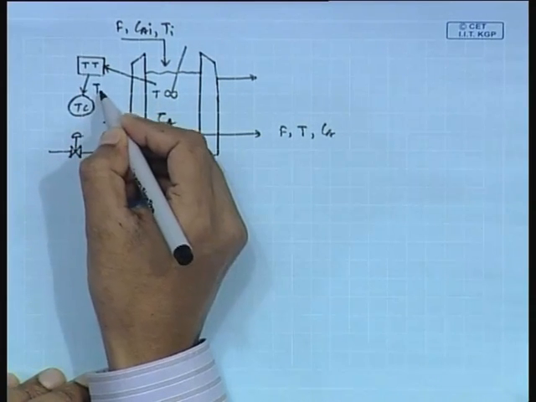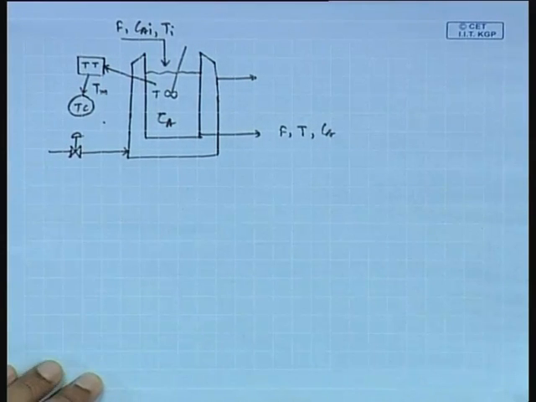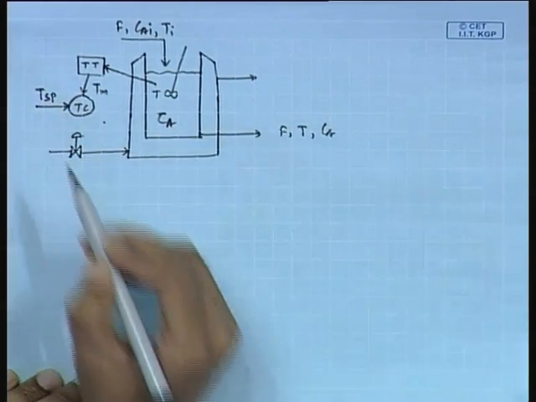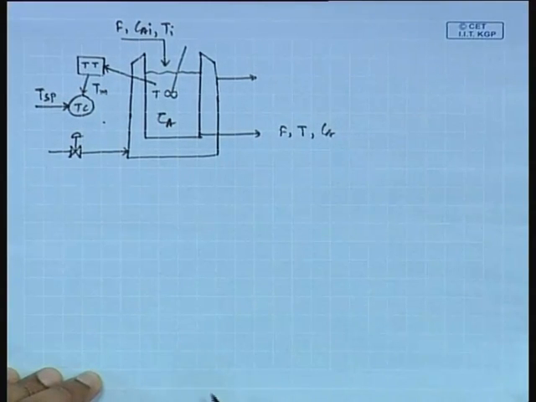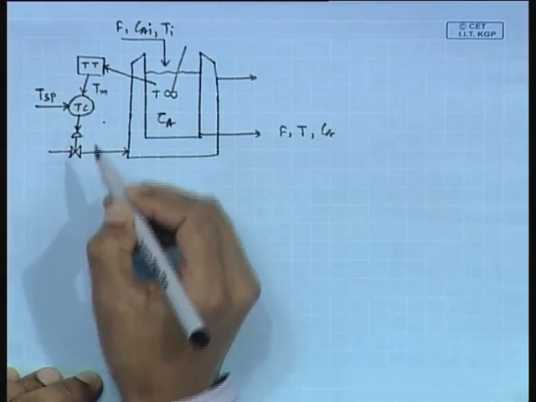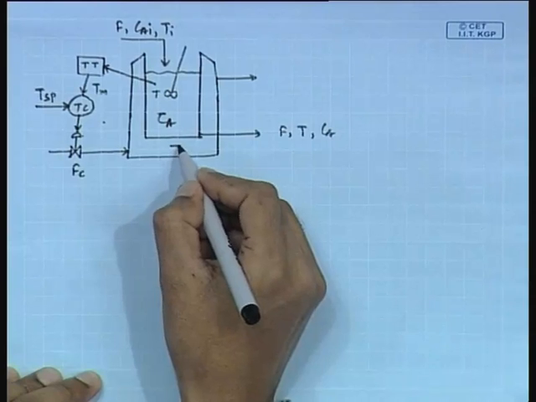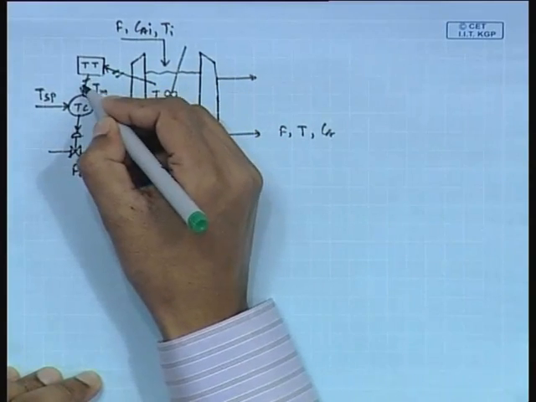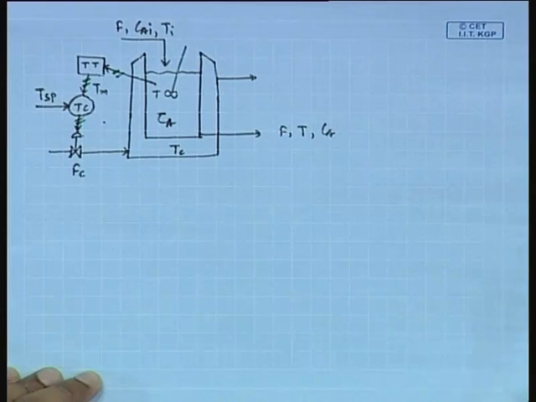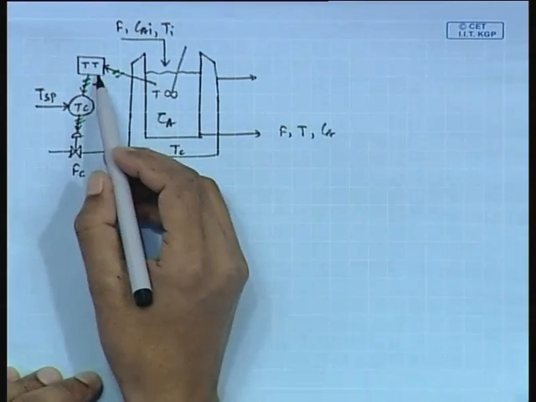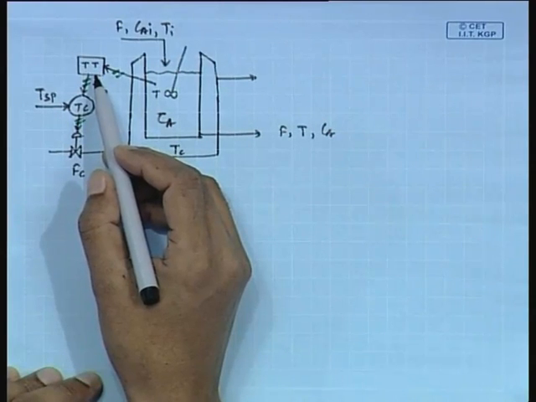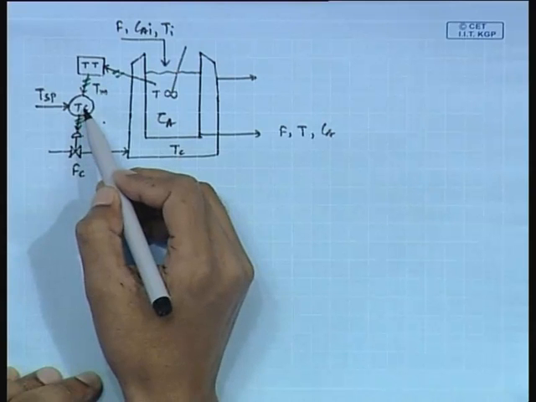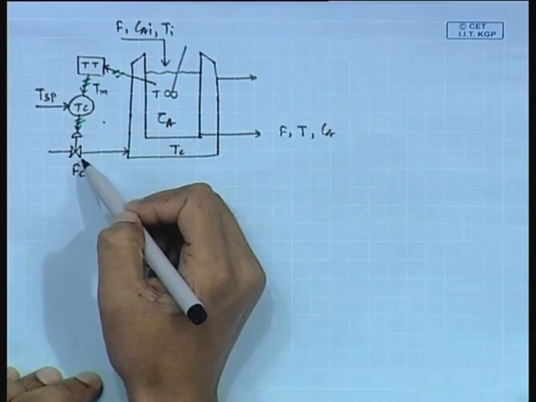Then this measured temperature Tm is fed back to the temperature controller. Measured temperature Tm is compared first with set point value Tsp, then the calculated control action is implemented through the final control element, this valve.